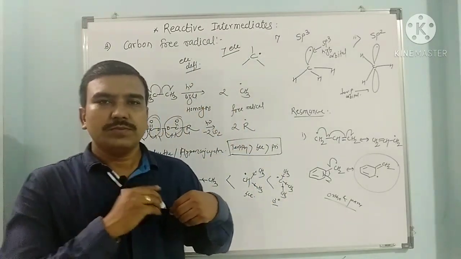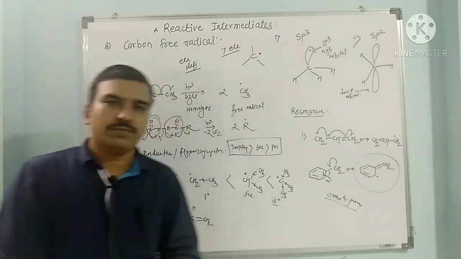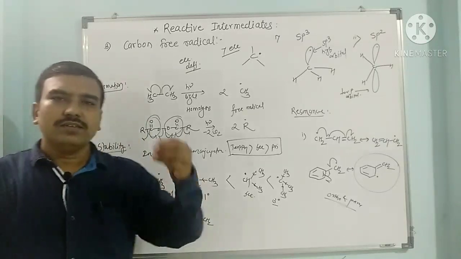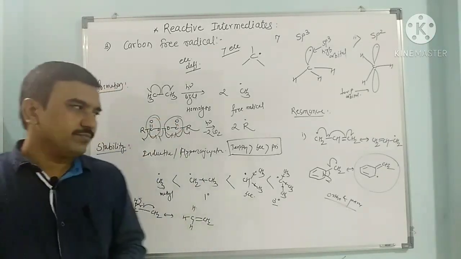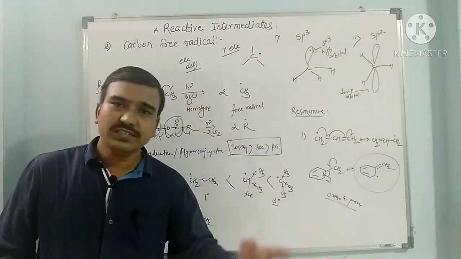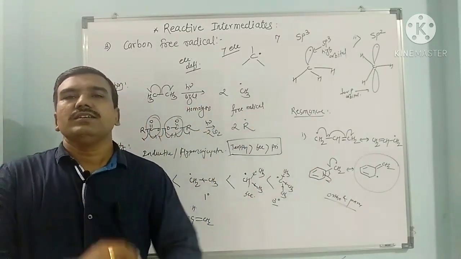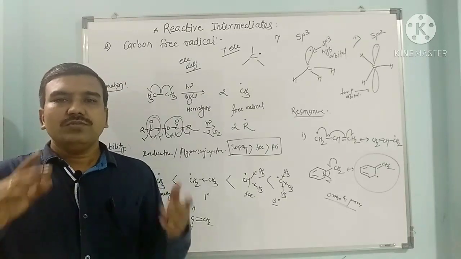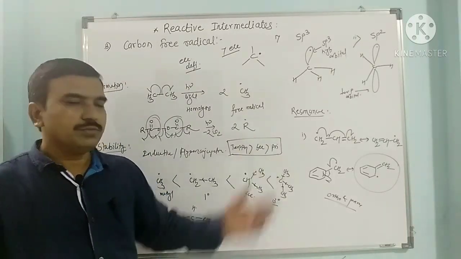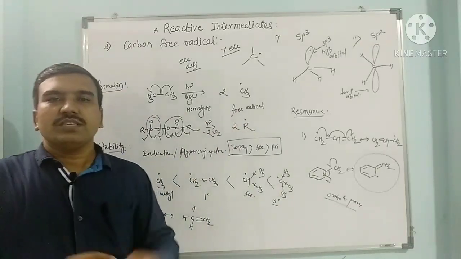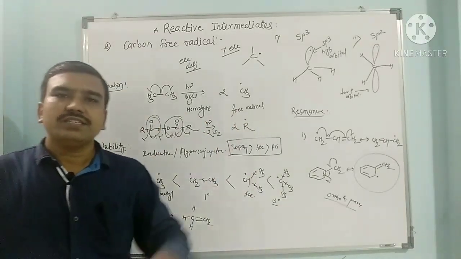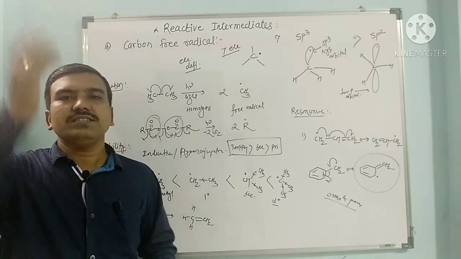In case of resonance effect or hyperconjugation effect, whether it is the free radical, the positive charge of a carbocation or the negative charge of a carbanion, if the distribution increases, it stabilizes the intermediate. So resonance as well as hyperconjugation increases the distribution of the charge. If the charge is more distributed, its energy reduces and stability increases.